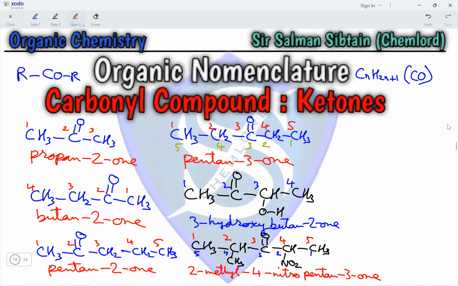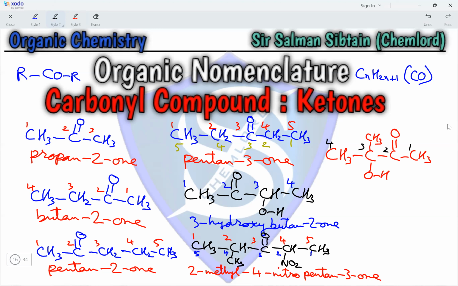Another example would have a ketone with two substituent groups on the same carbon atom, one of them being CH3, the other being OH. So now the numbering would be done from right to left, giving the least number to the C double bond O group. So 1, 2, 3, and 4.